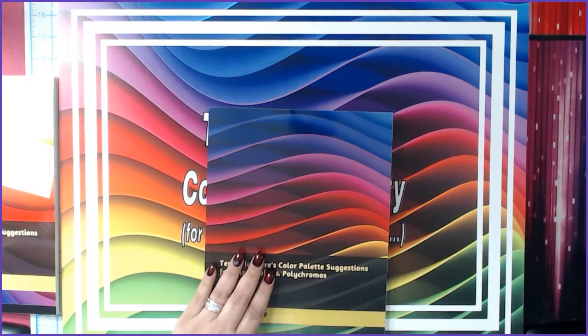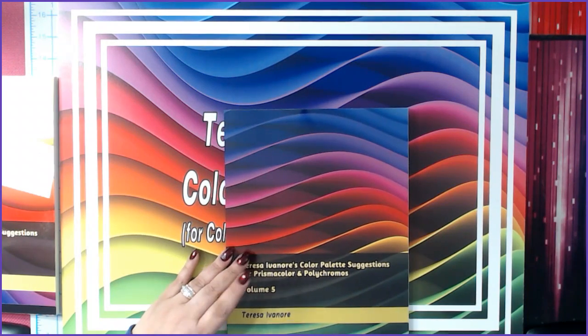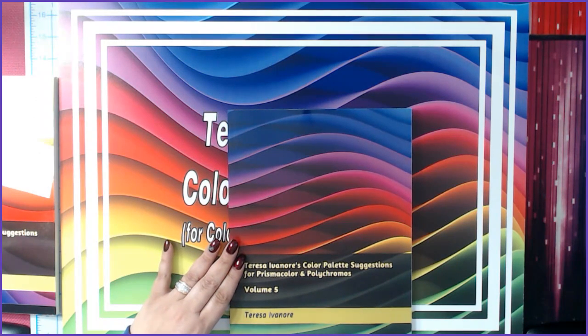I have been recently going through some of my books that are available on Amazon, and I just wanted to go through my volume 5 that has been revised, and I wanted to explain why and let you know the differences between the previous version and the new version.